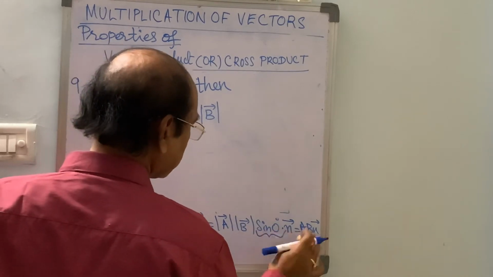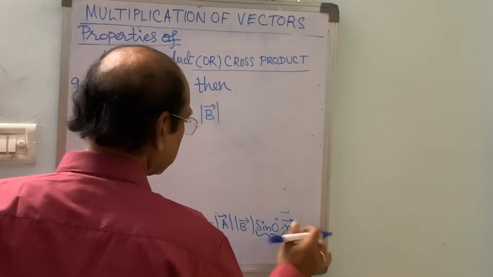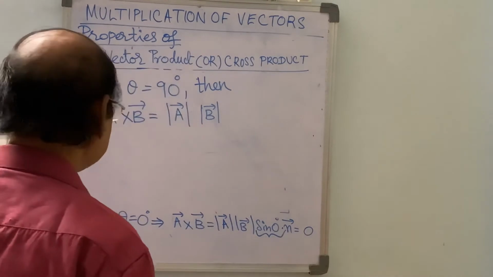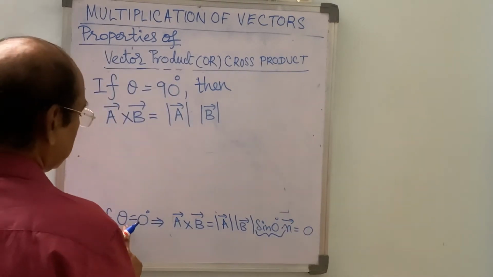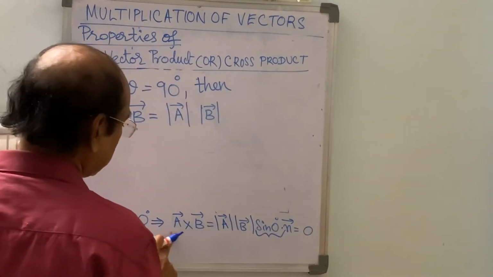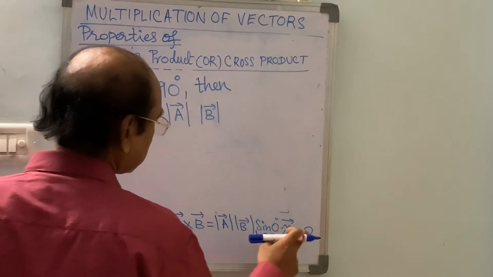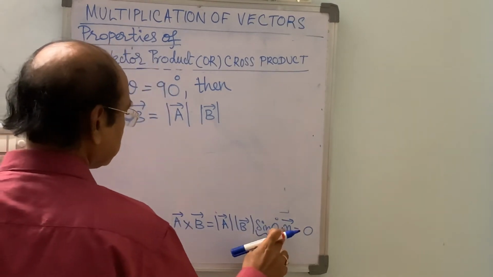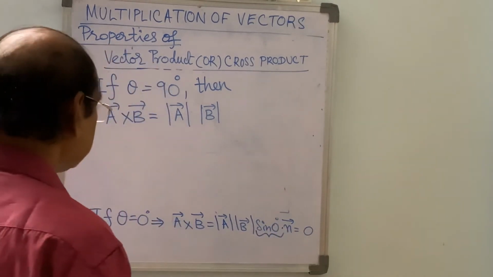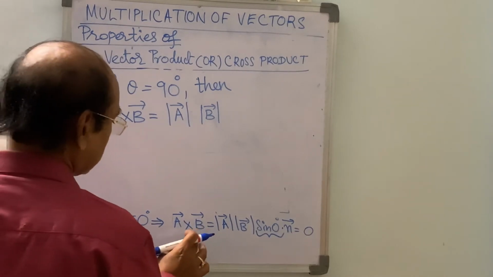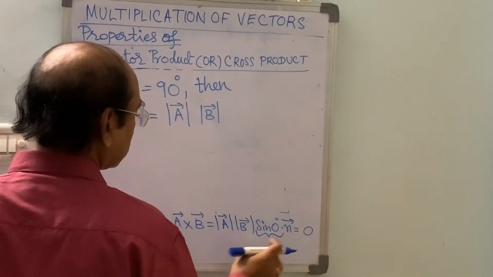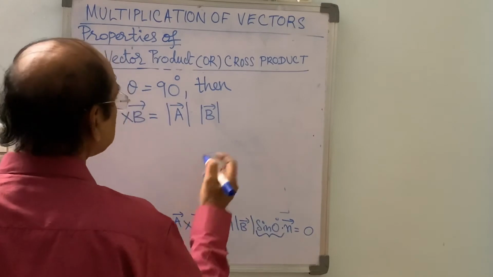Sin 0 is here as it is equal to 0. Here if theta is 0 degrees, then the two vectors are parallel and their vector product is 0. When the two vectors are lying in the same direction, then their vector product is 0.